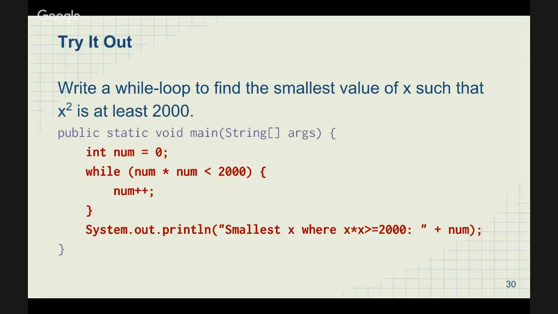And in this case, we didn't even print something inside the loop, right? We only printed at the very end. And inside the loop, all we did was increment num. So the point of this was really just to keep going until we found the right number. That was the only point of our whole loop. Does everyone understand this example? Are there any questions about it? I'm going pretty fast because I'm trying to finish up, so stop me if I'm going too fast.